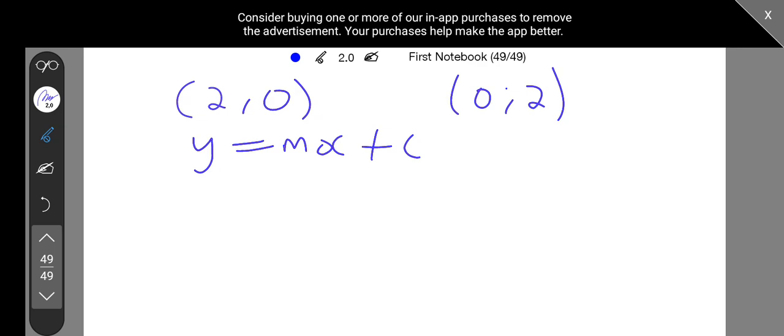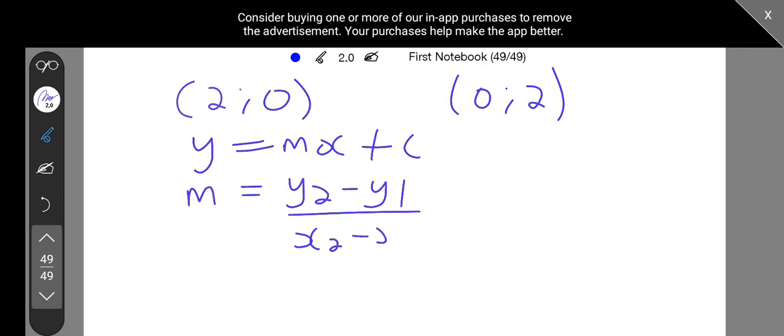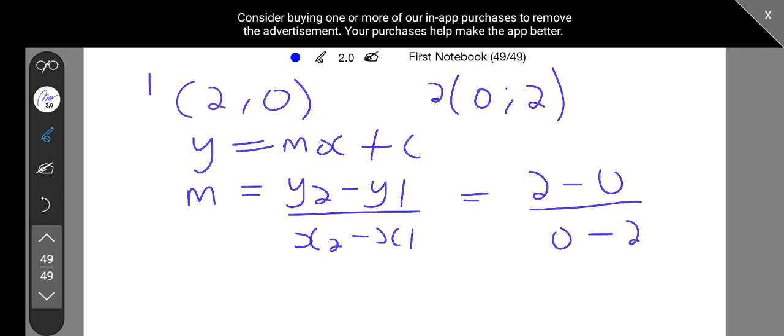We start by calculating the slope at all times: m = (y2 - y1) / (x2 - x1). So y2 is 2 minus 0, over x2, which is 0 minus 2, and at the end we get -1.